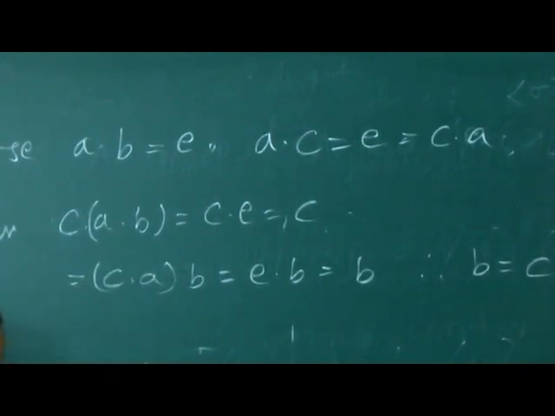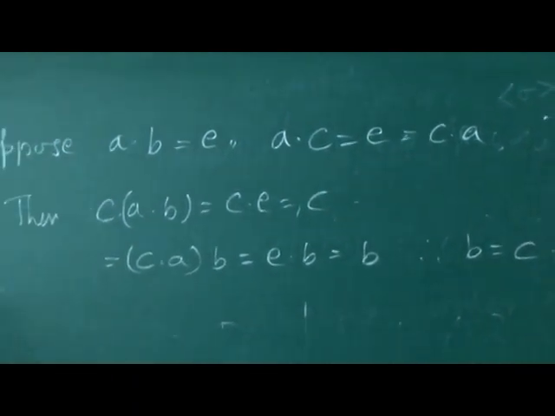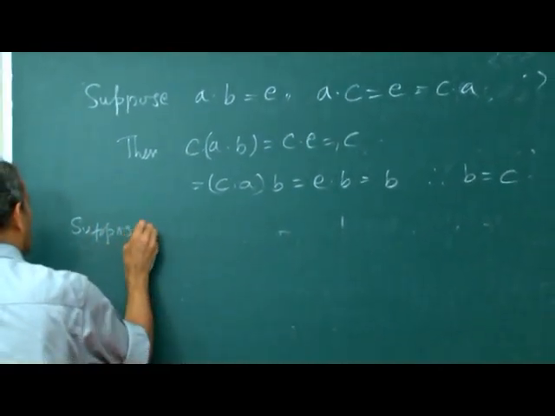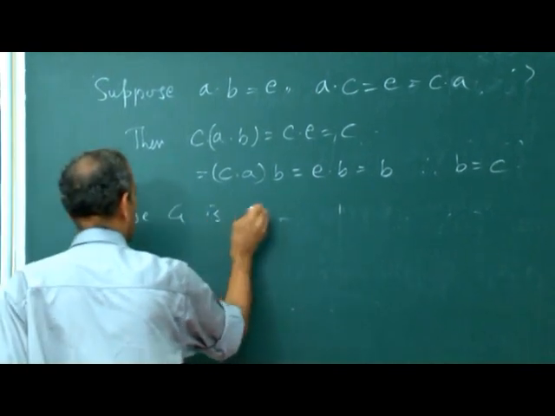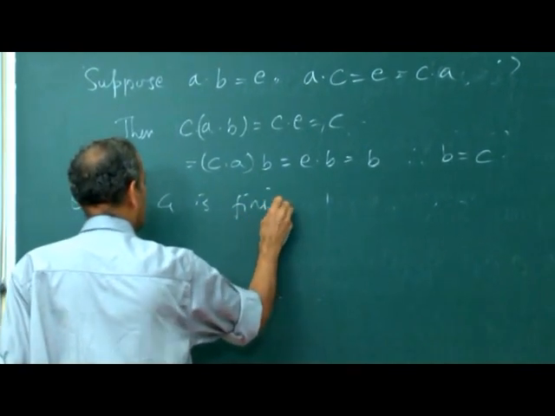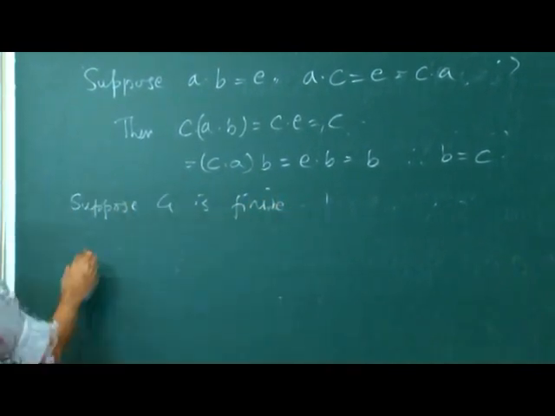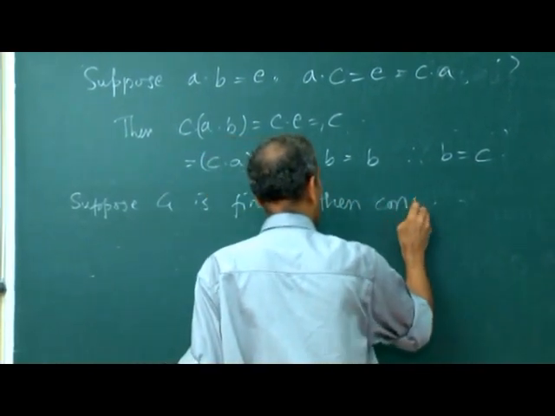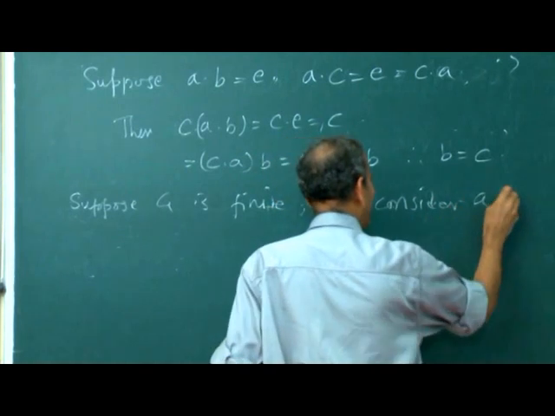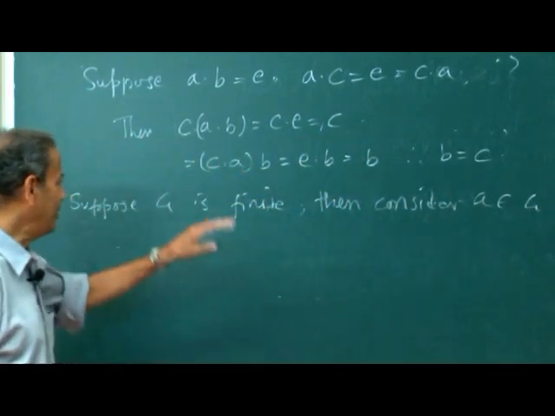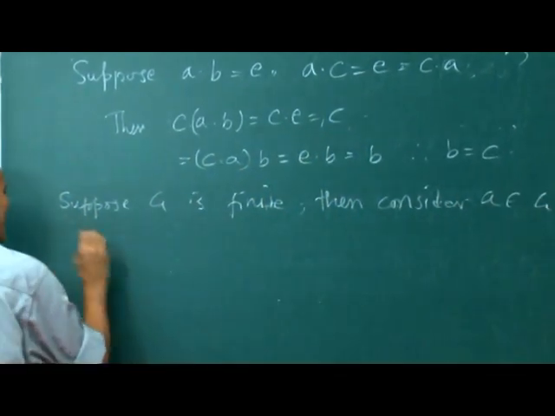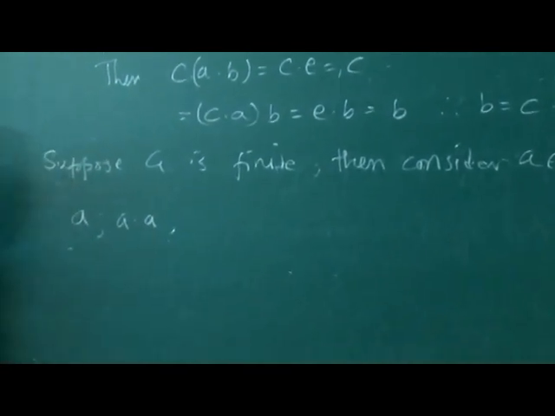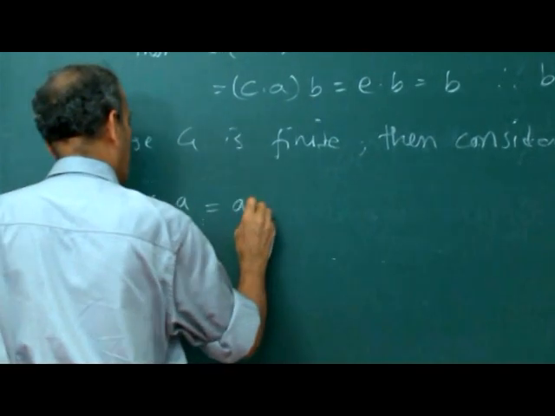Suppose G is finite. Then consider A in G. Let us see what happens. Consider A operated on A; I will denote it by A squared.